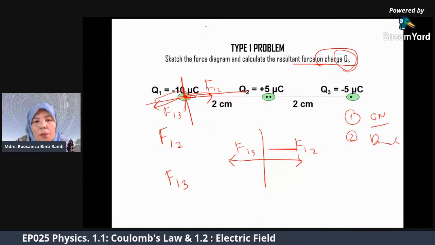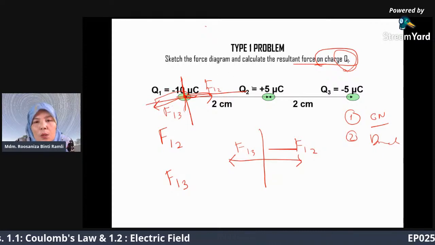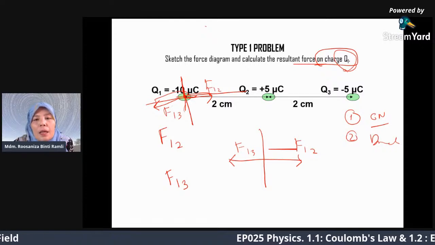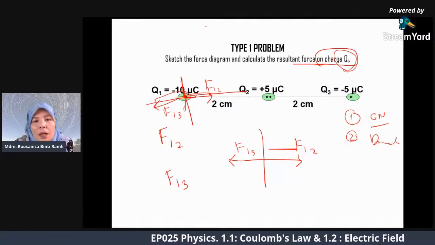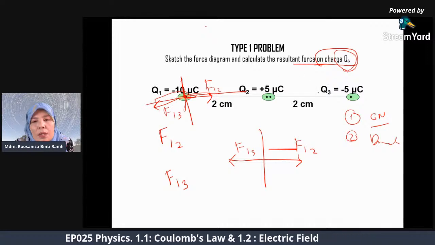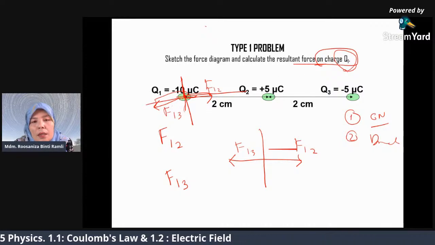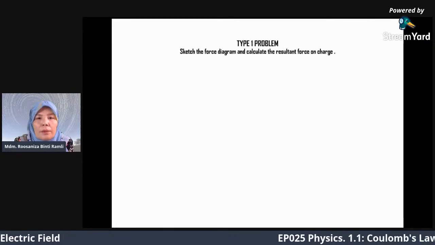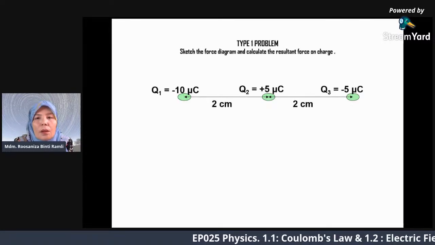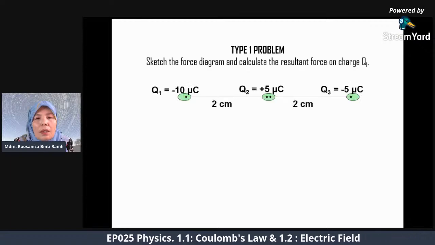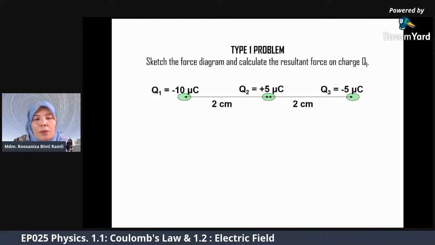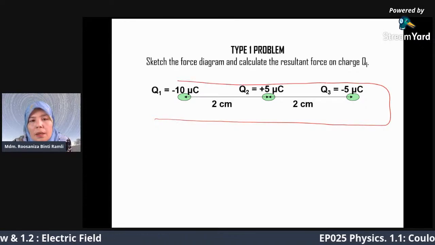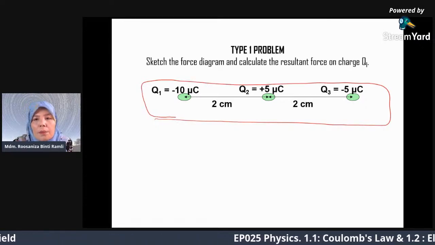For 1, 2, 1 is negative charge and 2 is positive charge, so the direction is to the right. For 1, 3, charge Q1 is negative and charge Q3 is negative, so the direction is to the left. Type 1 problem means the forces are in a straight line.